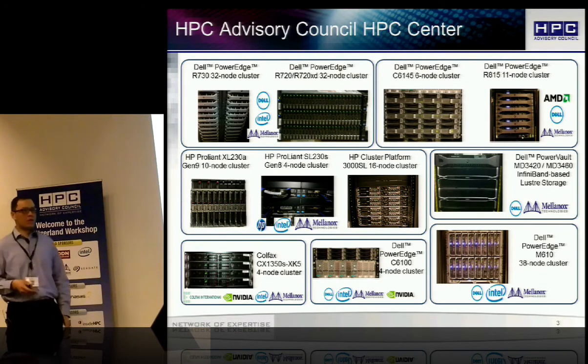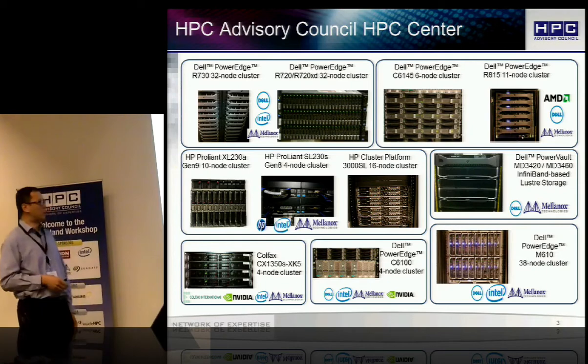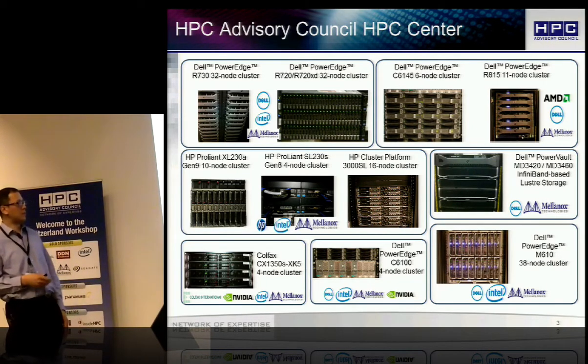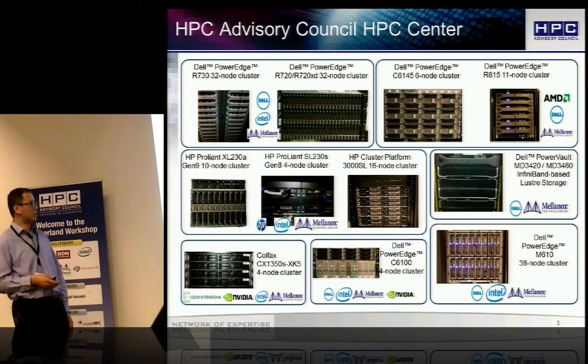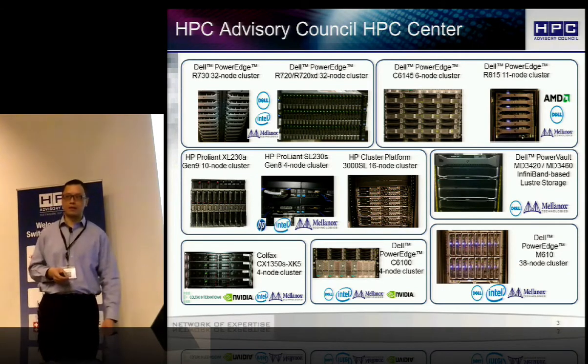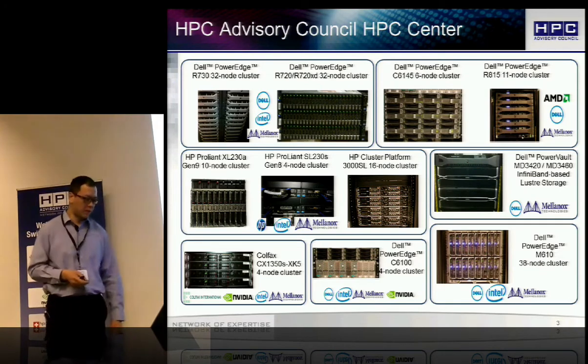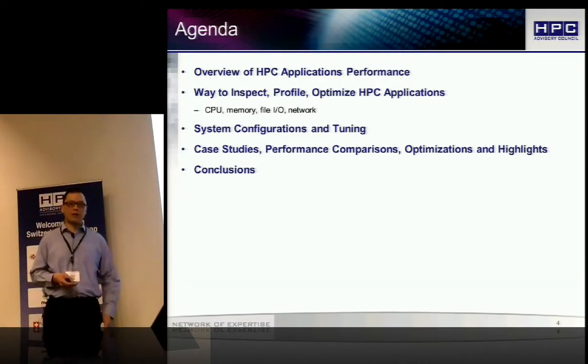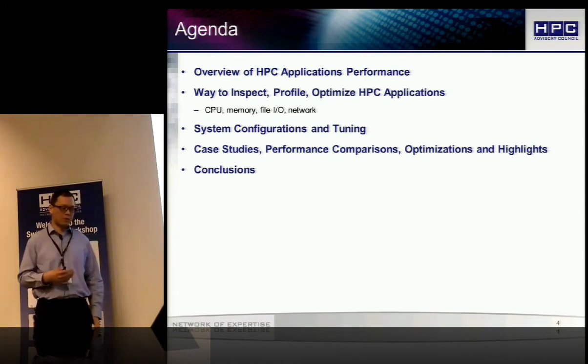We also have previous generations of clusters such as Ivy Bridge from Intel, Abu Dhabi from AMD, and some other architectures as well. We have GPU clusters, as well as InfiniBand-based cluster storage that we can run our benchmarks on.